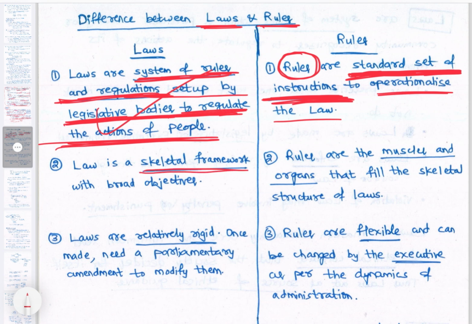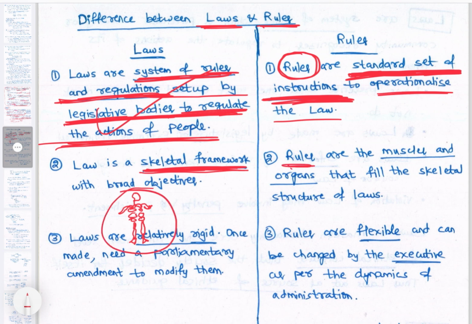Law is a skeletal framework with broad objectives. If law is a body, law provides the skeletal framework, the ribs and so on. Right?